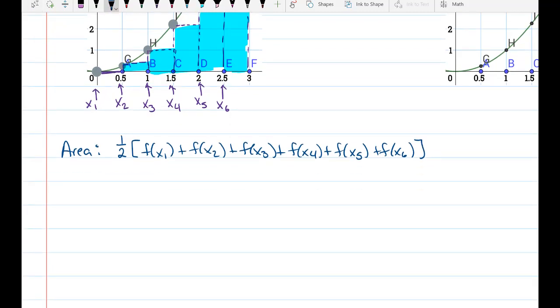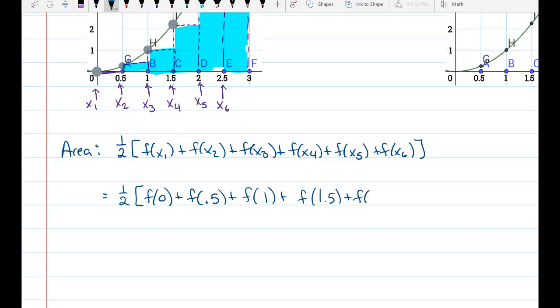So it's going to be 1/2 times f of 0 plus f of 0.5 plus f of 1 plus f of 1.5 plus f of 2 plus f of 2.5.